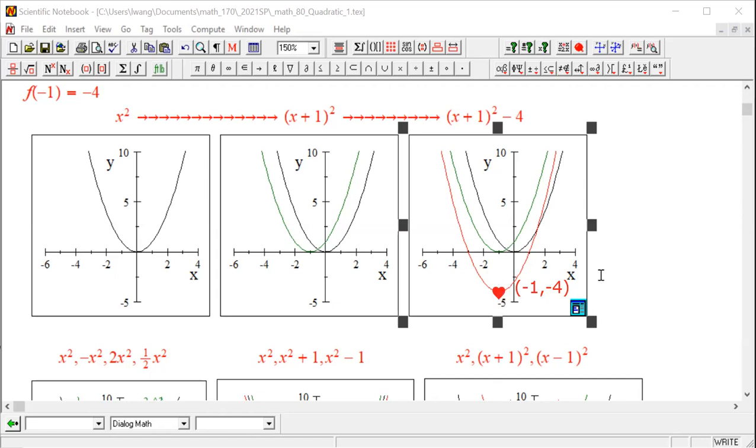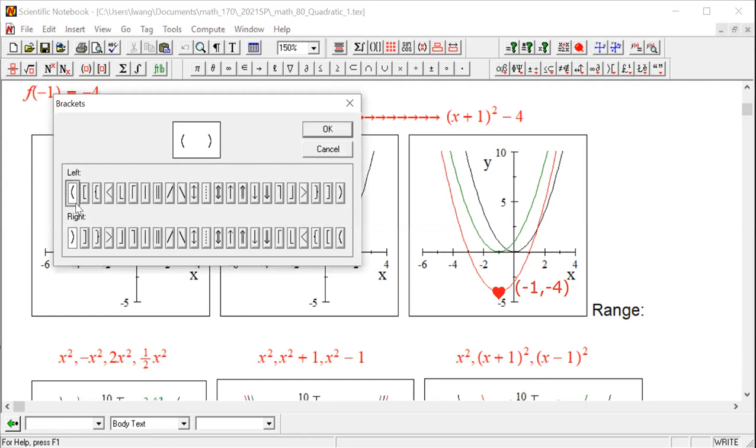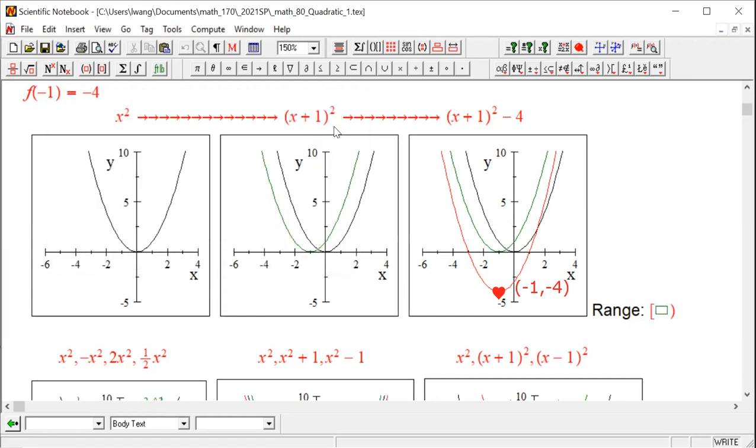As a result, the range is from -4 to positive infinity. Let me write it down right there. The range is from -4 to positive infinity.